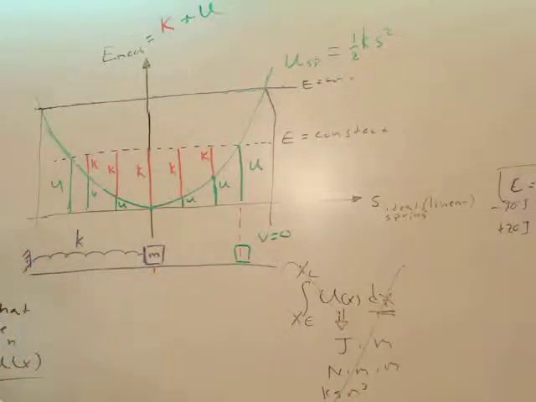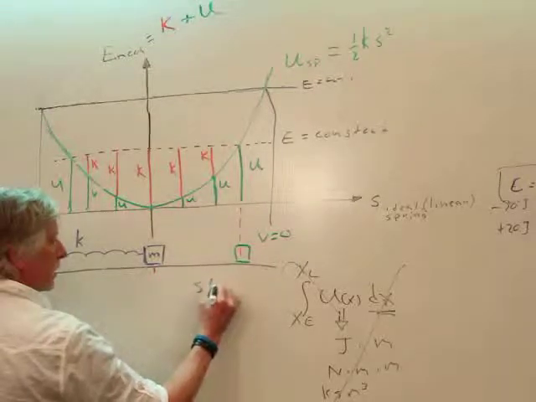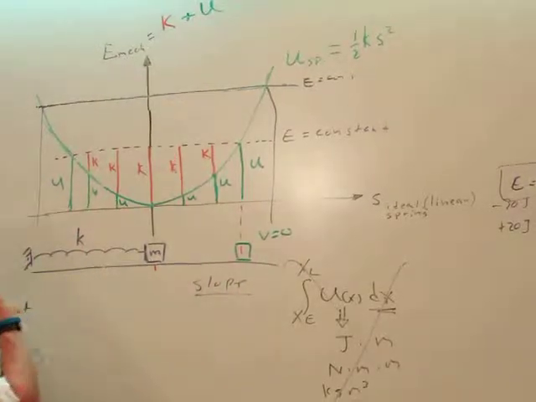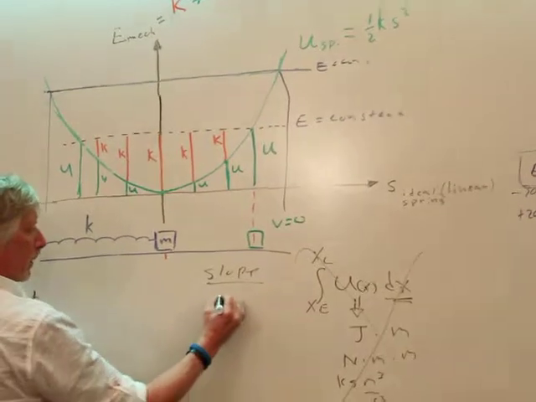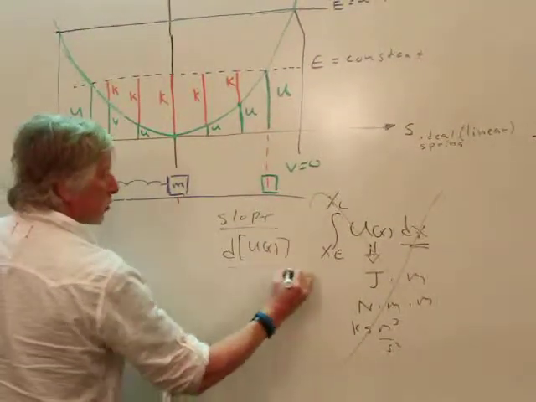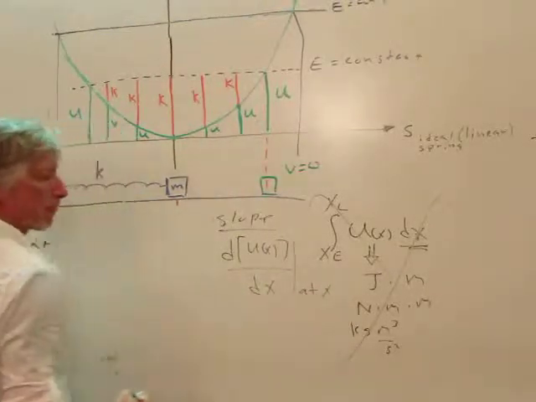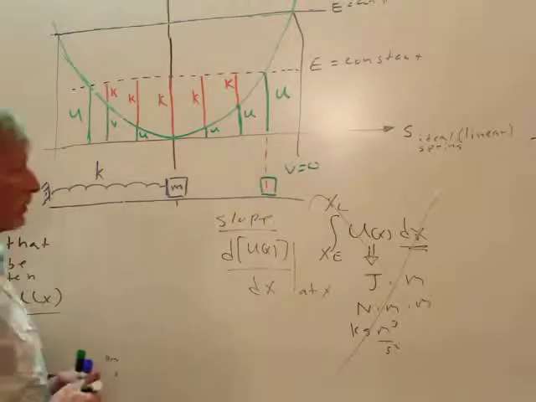All right, fine. What about slope? Let me look at the slope. How could that be? Let's see, that's a derivative with respect to x at some x value. Okay, let's get rid of my integral.